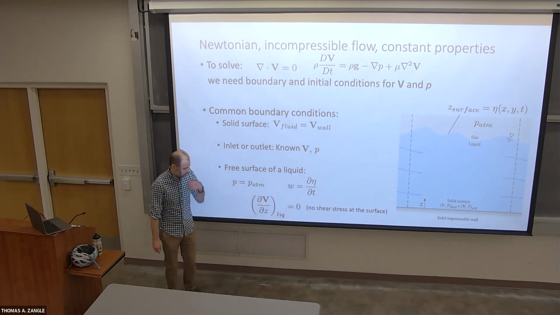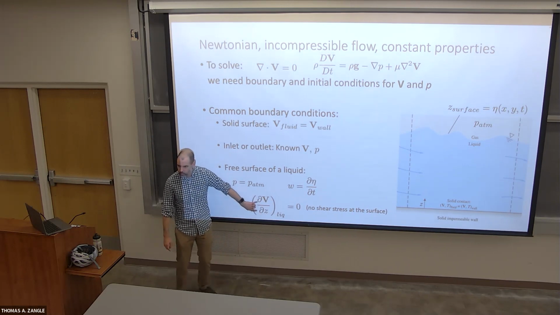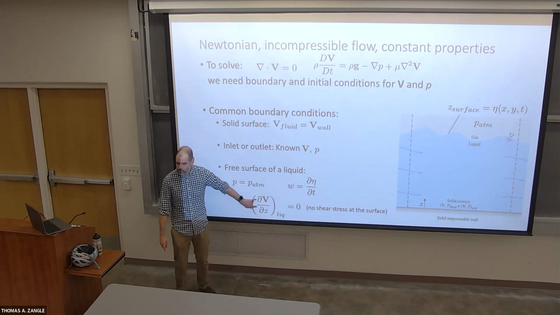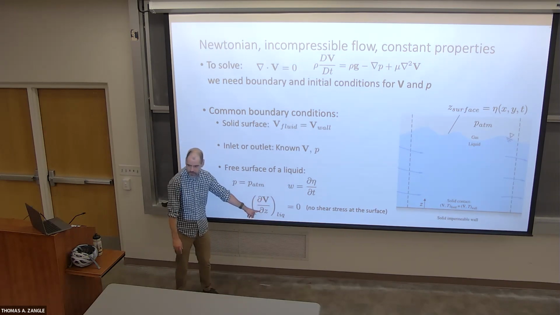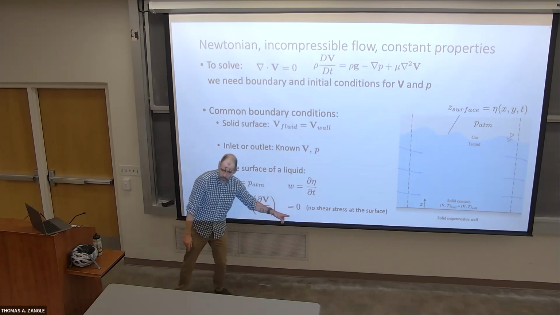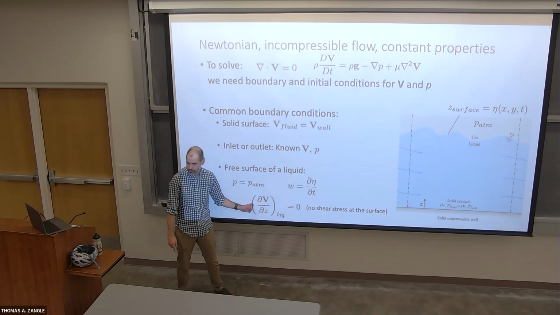Remember, the shear stress is based on this rate of change in velocity, so this says the shear stress is 0 at the surface. This is a boundary condition in terms of the derivative, instead of just the value, but it is a perfectly valid boundary condition.